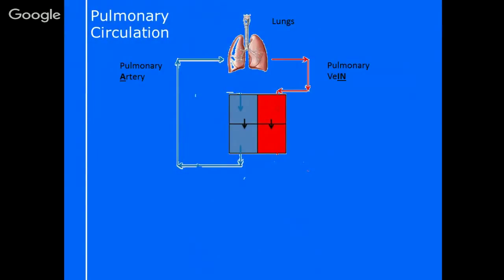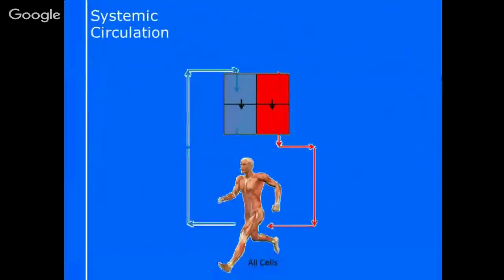What I want you to notice is that here on pulmonary circulation, the pulmonary vein is oxygenated and the pulmonary artery is deoxygenated. Now, if we move down here, can you see that your aorta and your arteries in your systemic circulation are now oxygenated because they're coming away from the heart.